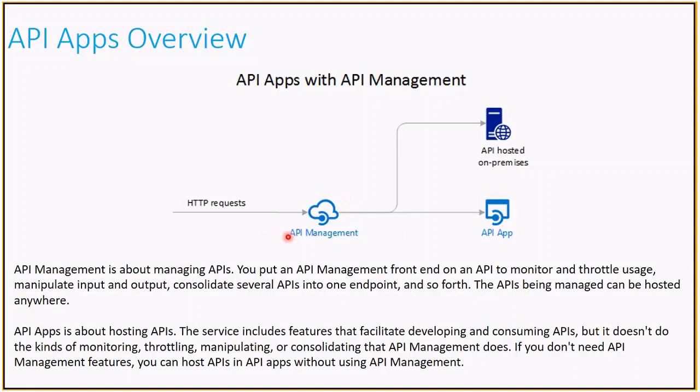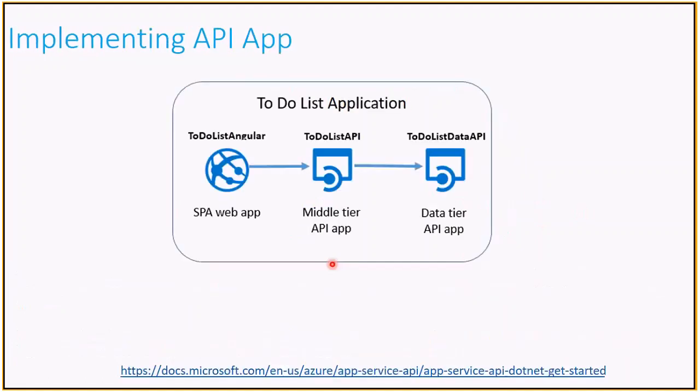Okay, and behind this API management you can host your services, on a server, and then manage them with the API app. So this to-do list application which we have, you can download it, or go to the tutorial at this location. It has one AngularJS client web app, which we would push onto an Azure website or web app, and a middle tier logic, the to-do list API, and then a to-do list data API.